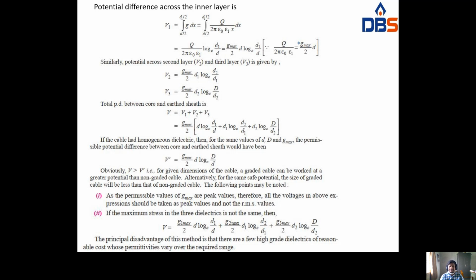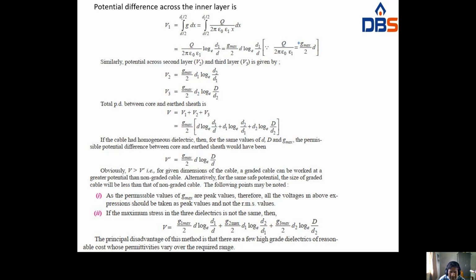Now, total potential difference between core and lead sheath, that is V1 plus V2 plus V3, is equal to g maximum by 2, which is the common factor, times small d log d1 by d plus d1 log d2 by d1 plus d2 log capital D by d2. This derivation is for composite dielectric.